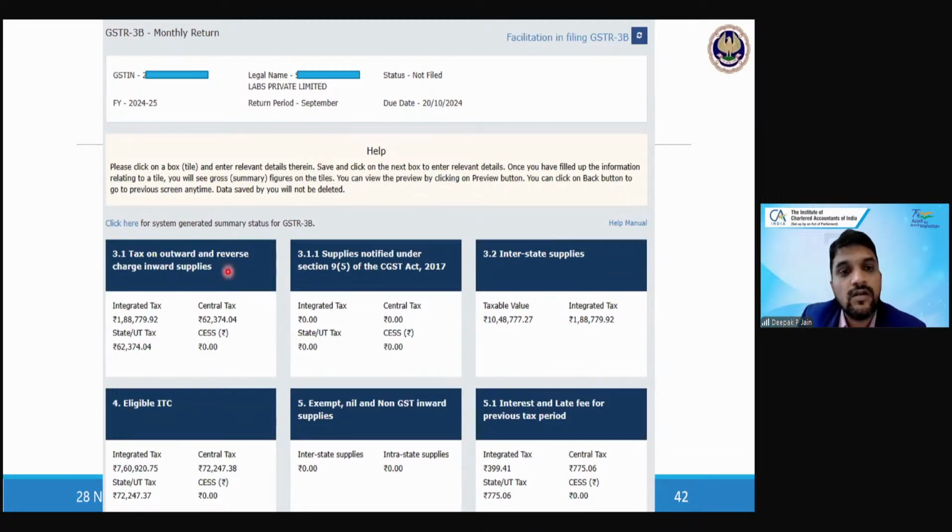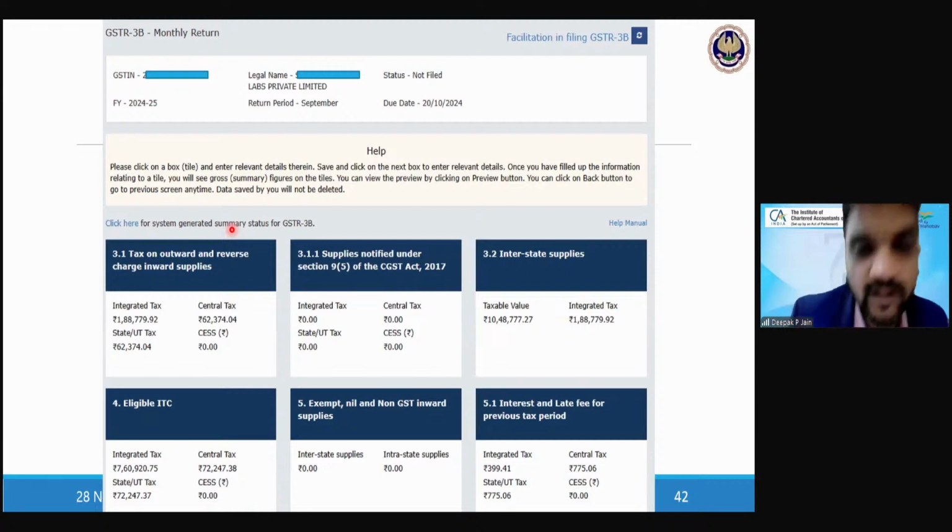Okay, so you will mention this detail of outward supplies, and whatever you have mentioned in GSTR 1, ideally that total should come here and the tax payable. Any supplies notified under 9(5) by an e-commerce operator, any interstate supplies, then your eligible ITC you will mention.